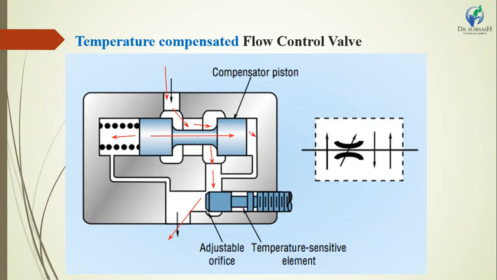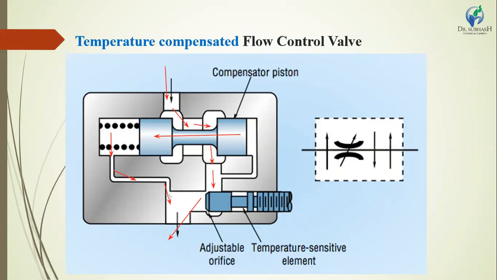When the compensator piston moves in the right-hand side direction, the oil passes this way to the hydraulic circuit. In the second condition, when the piston moves from right side to left side, the excess oil can pass this way to the hydraulic circuit.